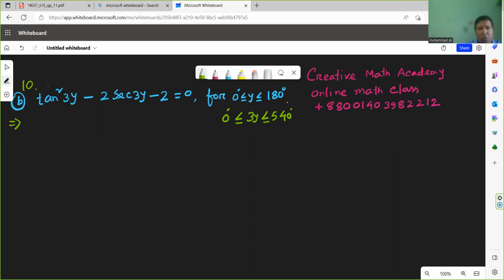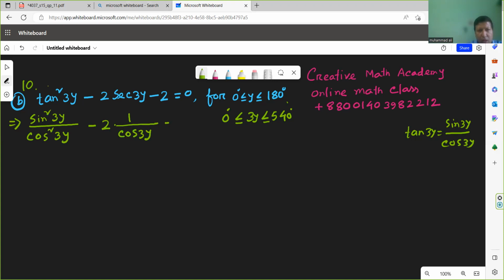We know that tan 3y means sin 3y by cos 3y. We know this formula. So instead of tan square 3y, we can write sin square 3y divided by cos square 3y, minus 2. Sec 3y means 1 by cos 3y. This is another formula.